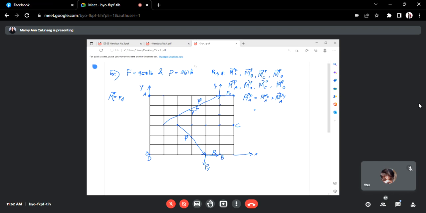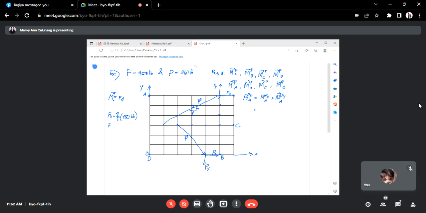So this is a special triangle, 3, 4, 5. So Fx is 4/5 times 450 pounds.